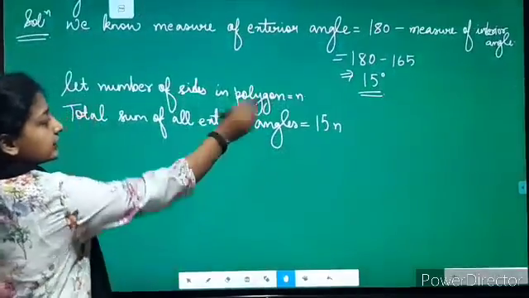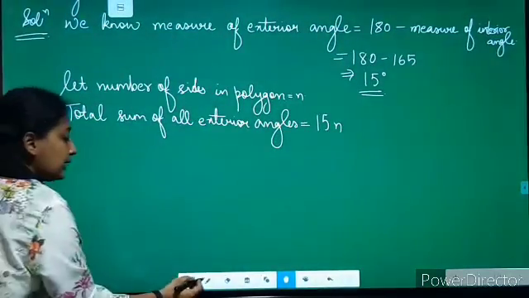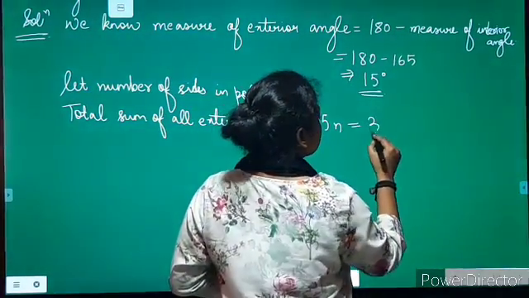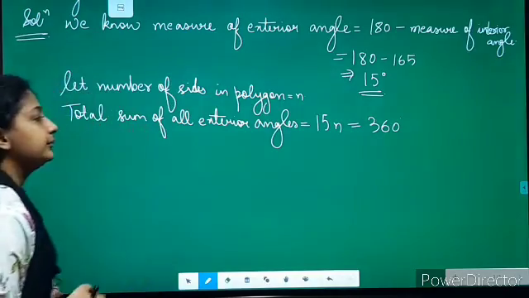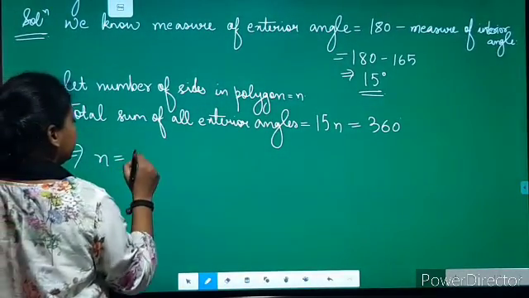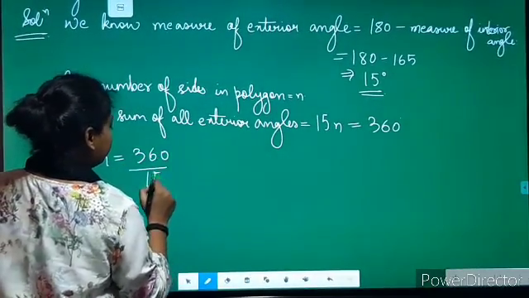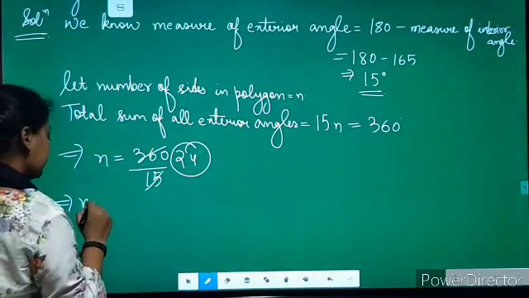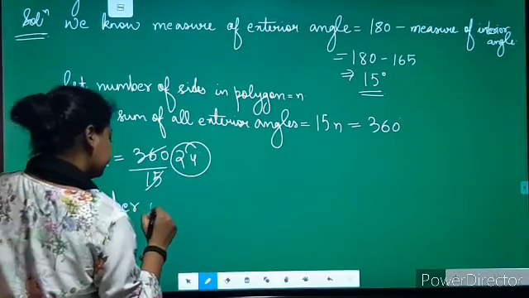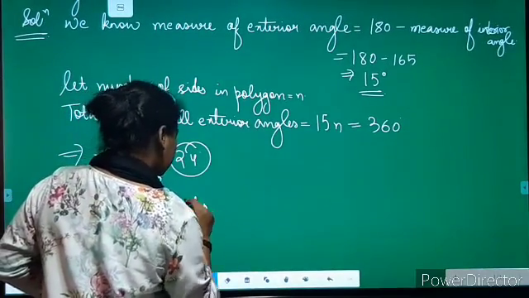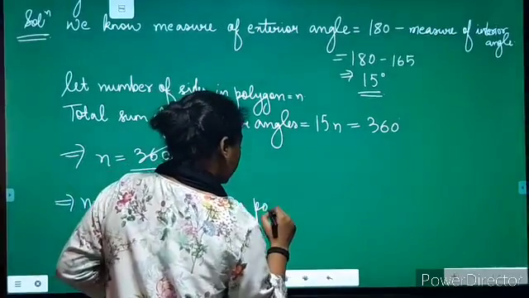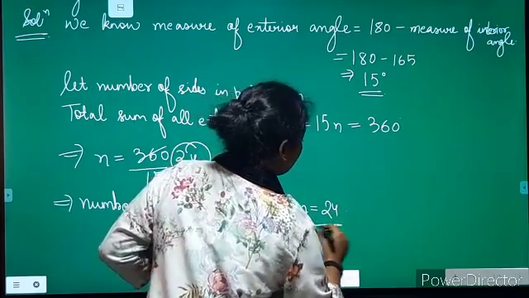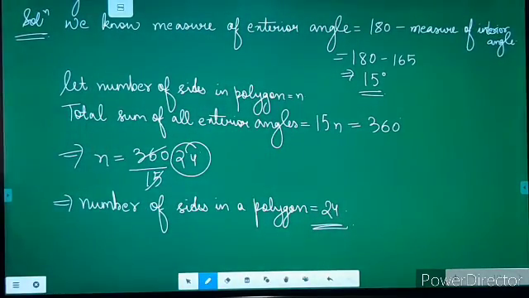We know the sum of all the exterior angles is always equal to 360. So 15n must equal 360. From here we can solve n equals 360 by 15. When we cancel this, we get the value 24. Hence, the number of sides in the polygon equals 24. Therefore, this polygon has 24 sides.